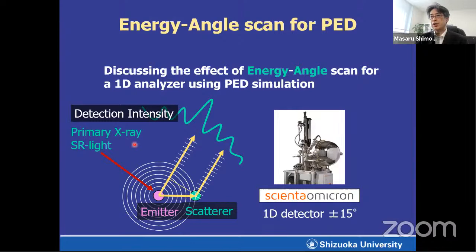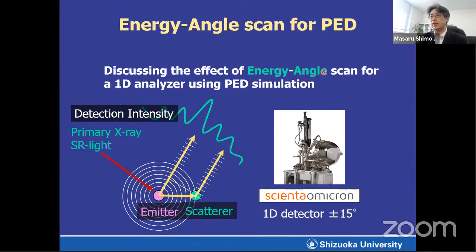That means we can change the wavelength of the photoelectron. So if we change the incident X-ray energy, this pattern, the hologram, also changes. So we are trying to measure the effect of an energy angle scan.